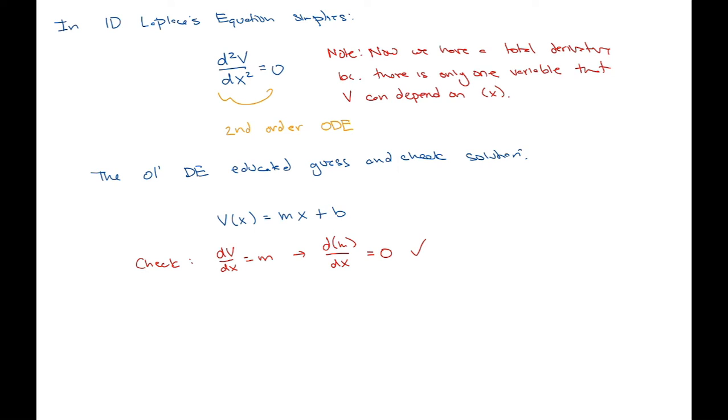But in order to get an actual full solution, I need to figure out what m and b are, okay? So this is what we might call a general solution. Let me write this over here.